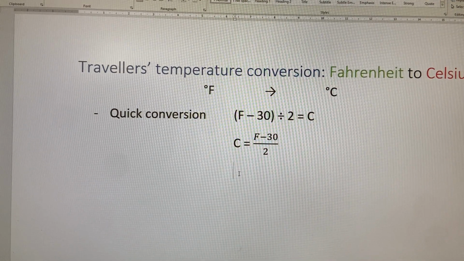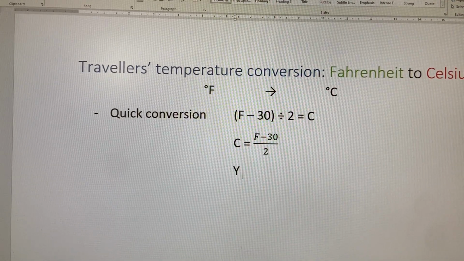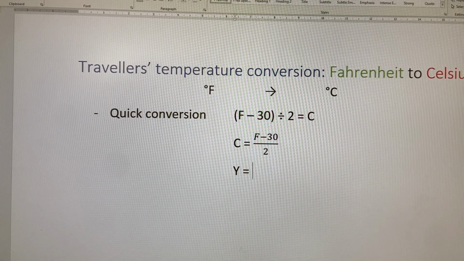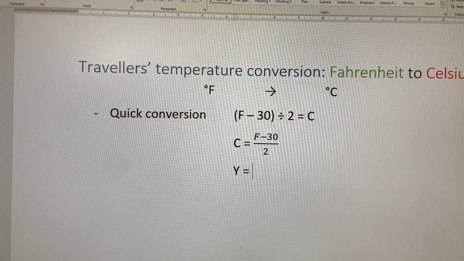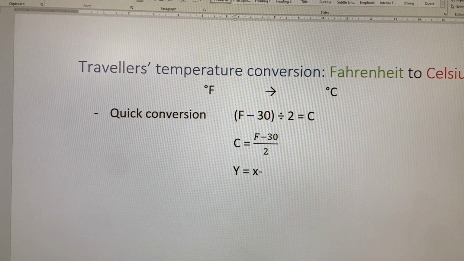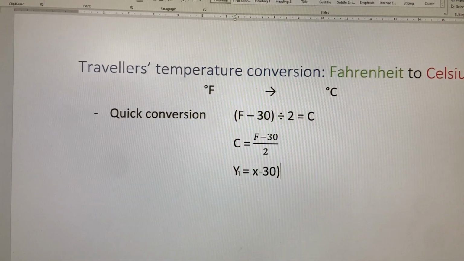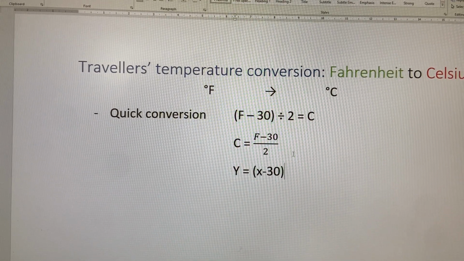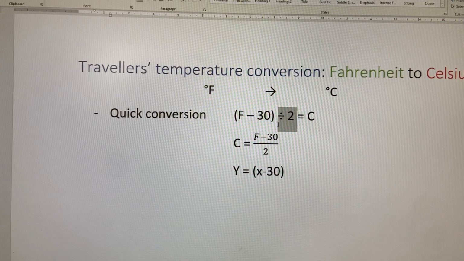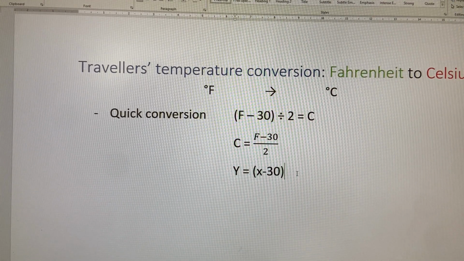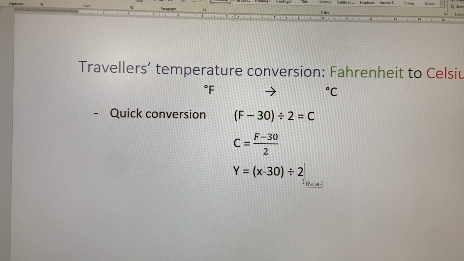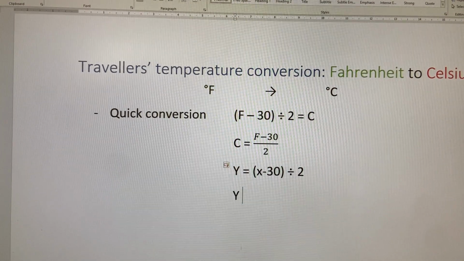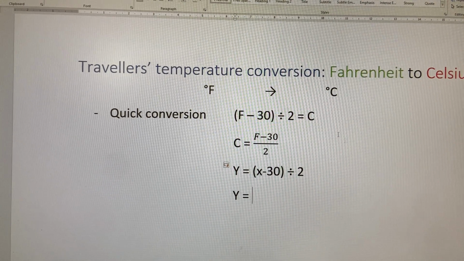Either which way, this can be written as y equals x minus 30, like so. And this can be also written this way, divided by 2, or with this fraction format, or even this way.